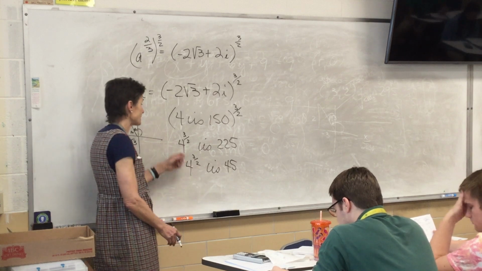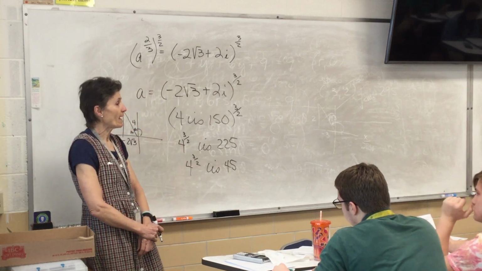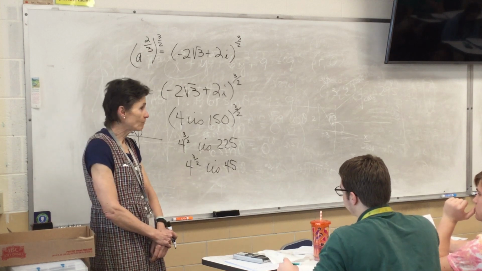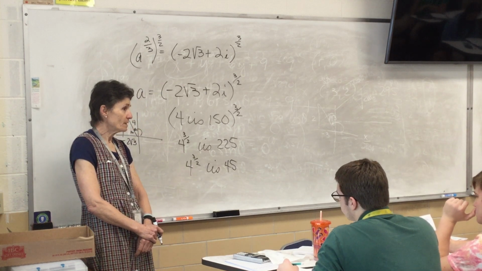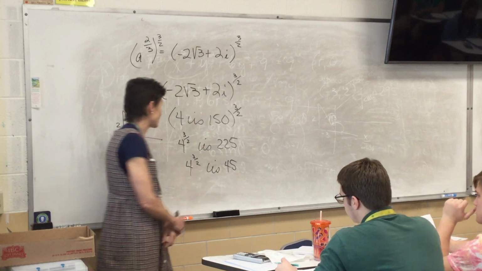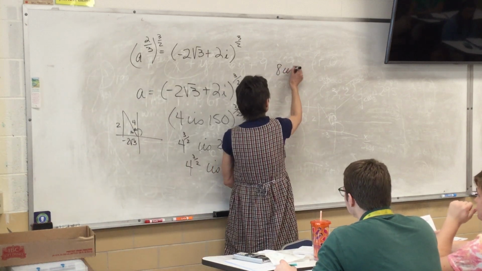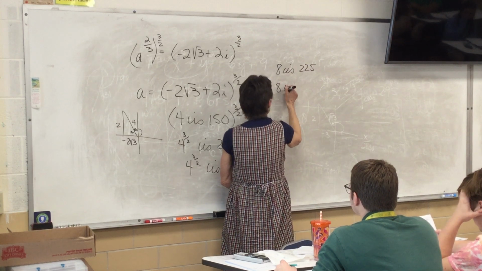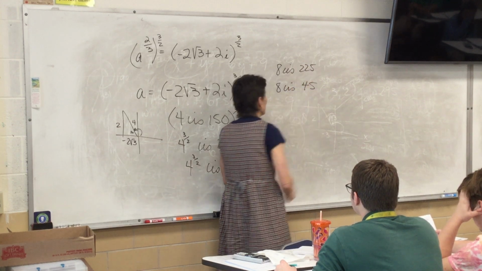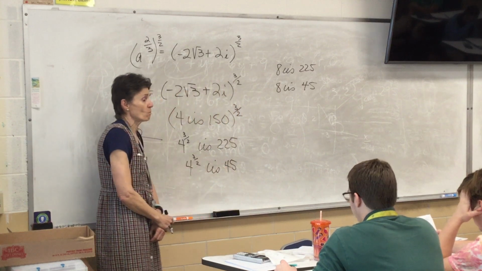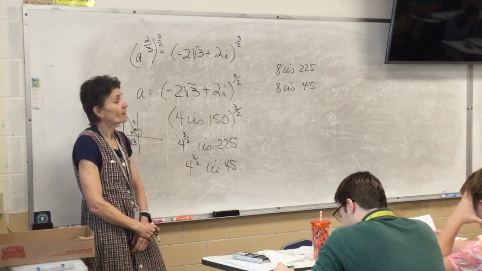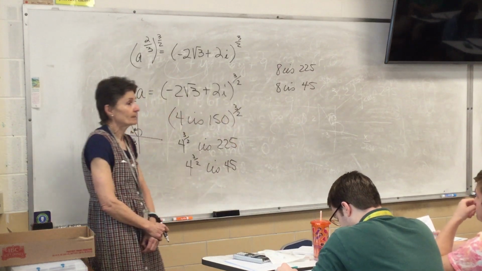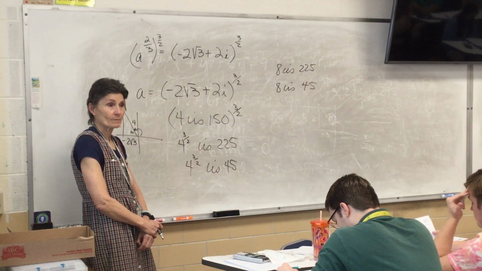All right, let's clean this up a little bit. What's 4 to the 3 halves? You can do this without a calculator. That means the square root of 4 cubed. So that's 8. So it's 8 CIS 225 and 8 CIS 45. Those are the polar forms of the 2 answers. But the directions say answer in complex form.